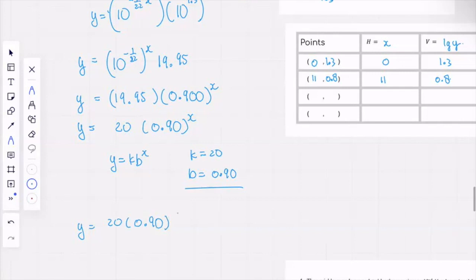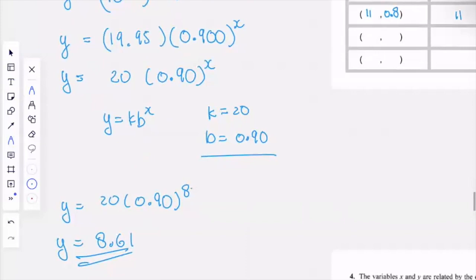And we just use the calculator. We get y equals 8.61. That's our answer. They ask for the value of y when x equals 8, and we get 8.61.